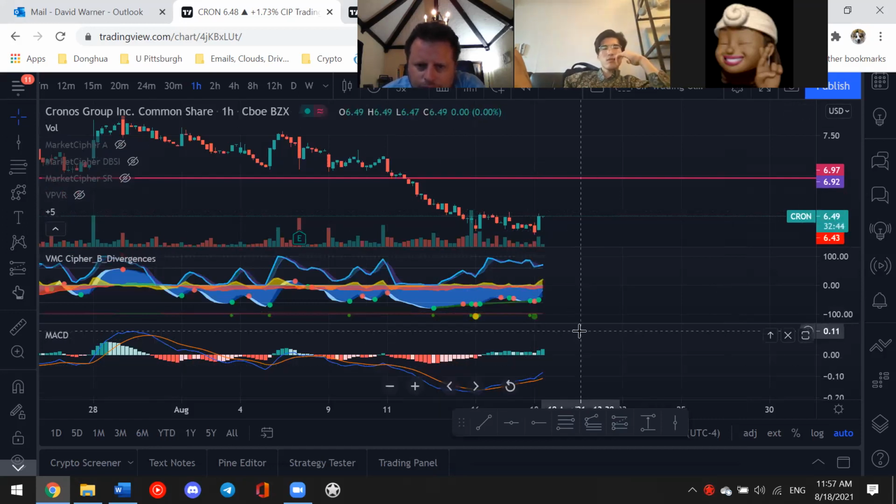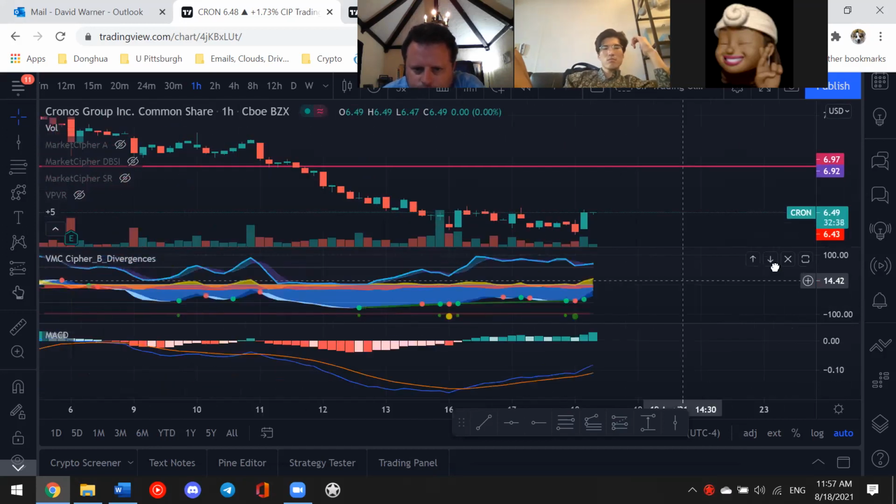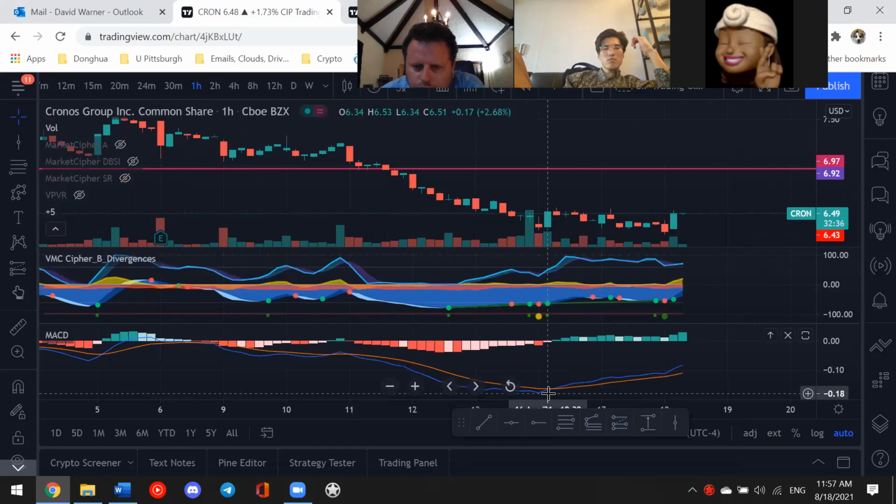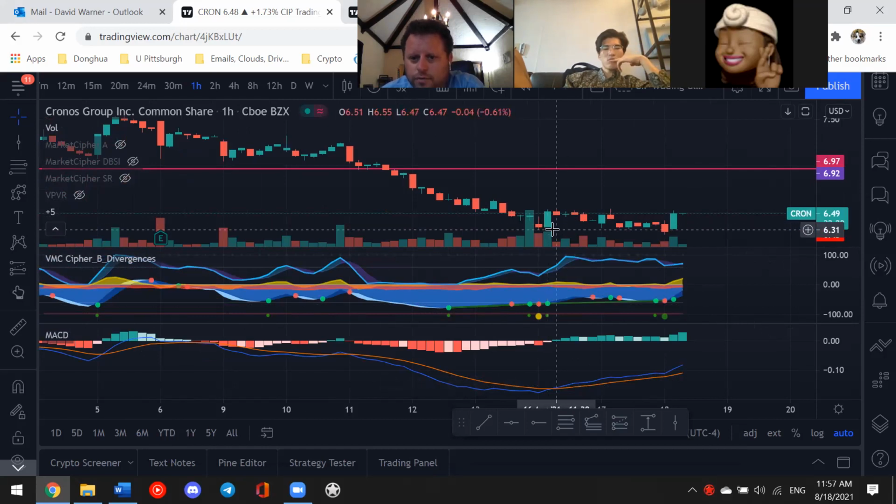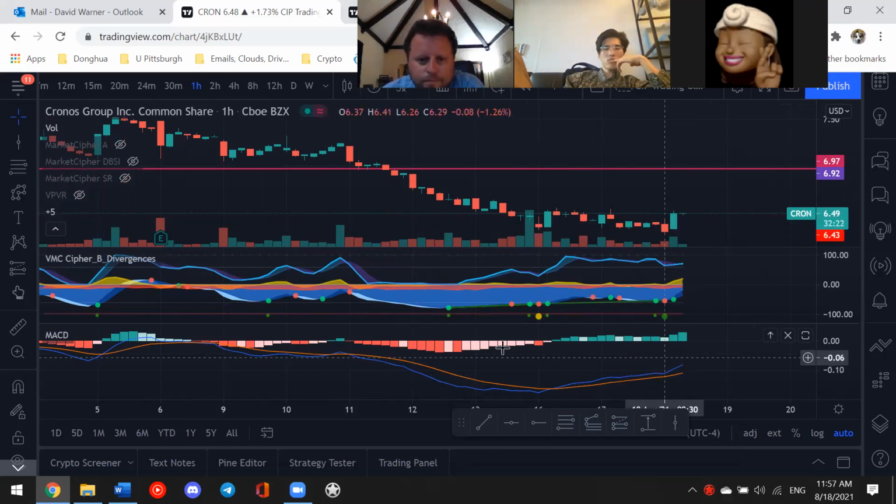MACD. So, MACD showing us blue line crossing above, that would be a buy. So you had a buy back here at 631, and we're still trading in this range. It's still pretty much a buy. These haven't crossed below yet.